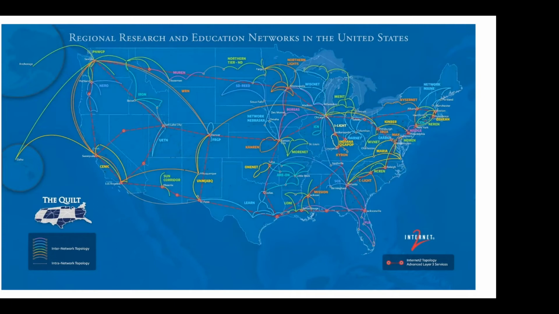Hawaii has to go to Seattle and, I would say, Los Angeles to peer with Internet2. That seems like a special case for us, but it's not really, because the others have to build long links to get to their nearest Internet2 peer point as well.